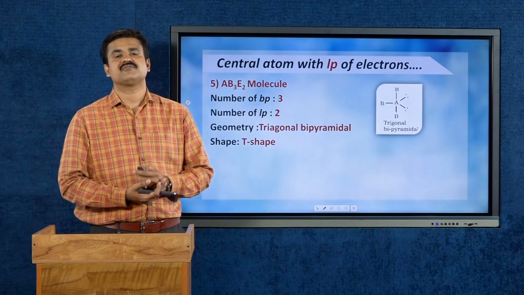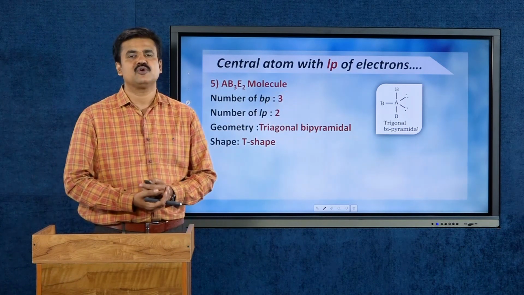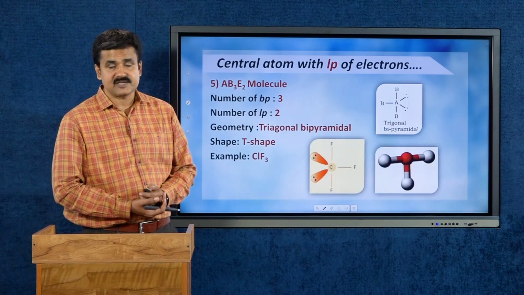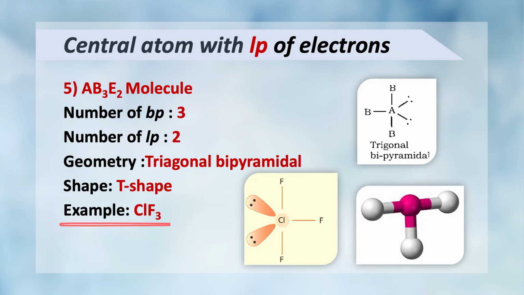If you remove those 2 lone pairs, you will get the shape. The shape of the molecule is T-shaped. The typical example for such a system is ClF3. Here in ClF3 there are 3 bond pairs and 2 lone pairs of electrons around the central atom chlorine, and the arrangement is here.